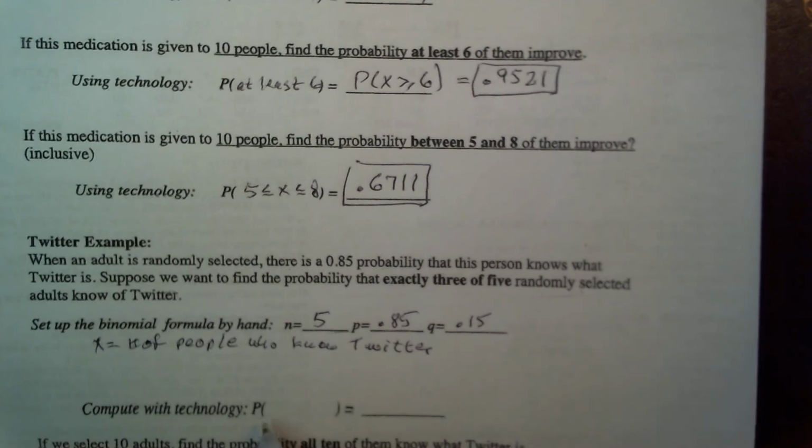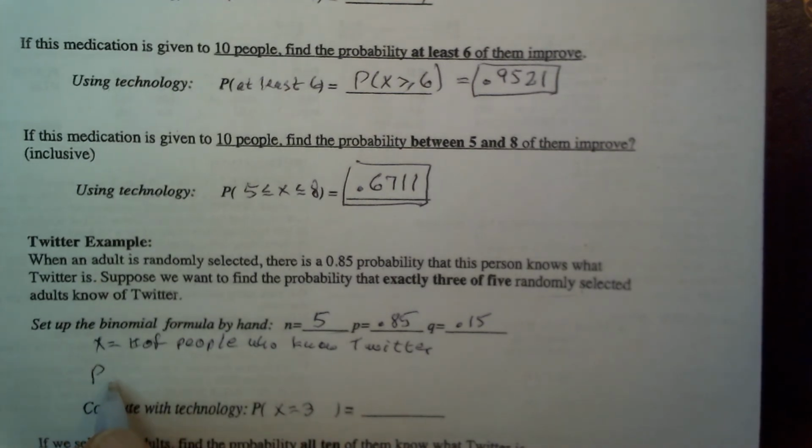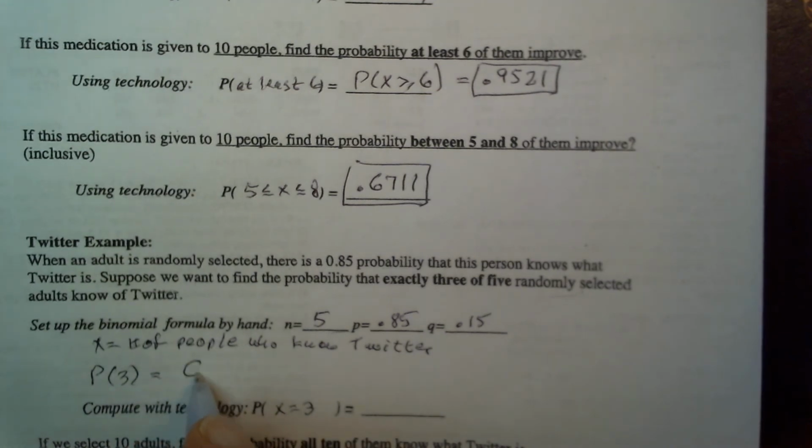So the probability of exactly 3, x equals 3, we set up the formula P of exactly 3 would be the 3 successes out of 5 possibilities, and then the probability of success is 0.85.